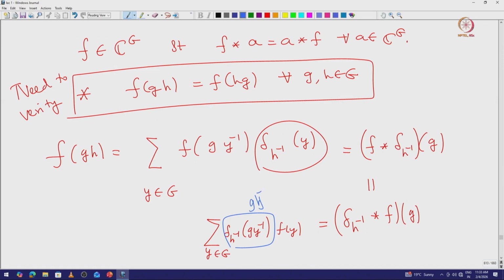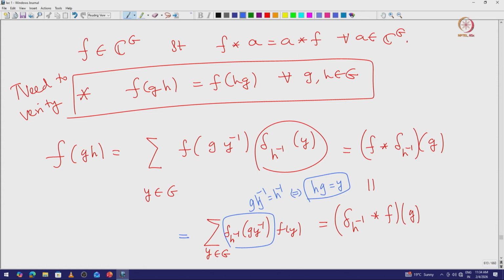Since we have fixed g and h, that is the same as saying h g equals y. Whenever h g is y, that is the only time this value is going to survive.